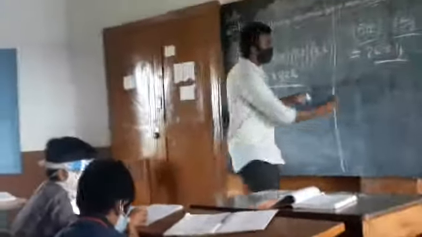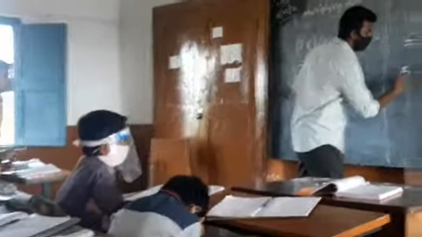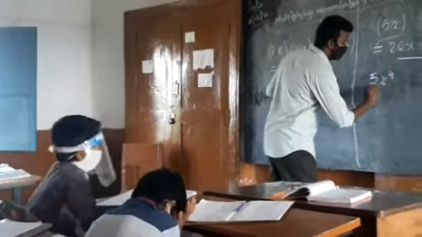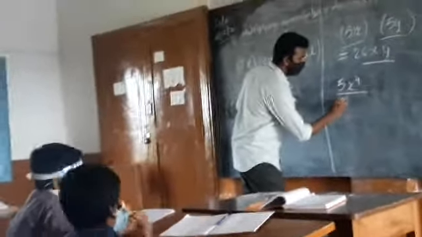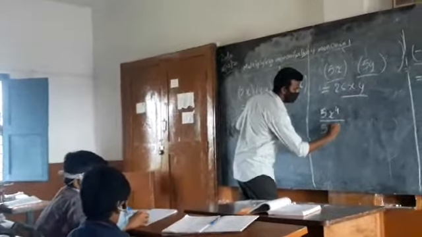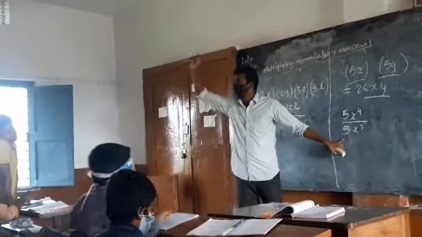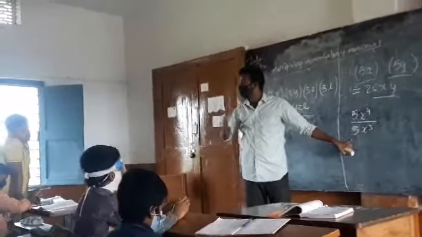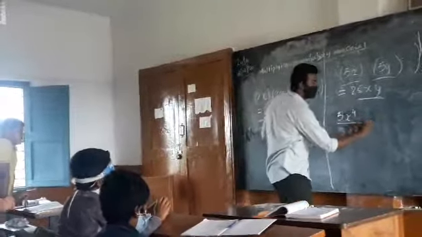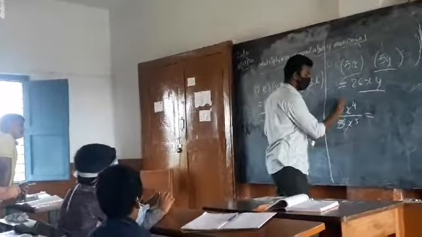Just like, see. 5 x power 4 divided by 5 x power 3. This time we are going to use the a power m divided by a power n formula. In that case, 5 cancels.